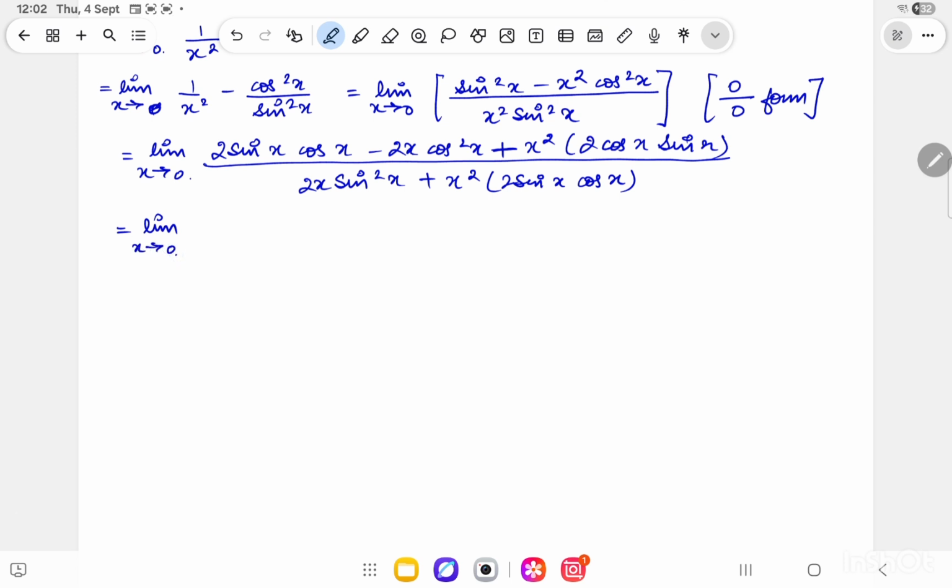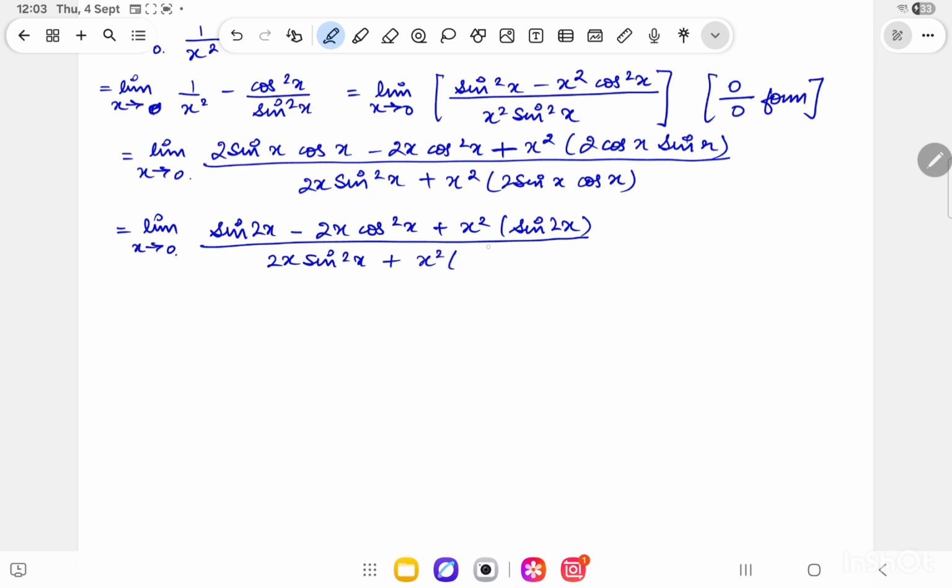The limit as x approaches 0: 2 sin x cos x is basically sin 2x, so sin 2x minus 2x cos squared x plus x squared into sin 2x, divided by 2x sin squared x plus x squared into sin 2x.